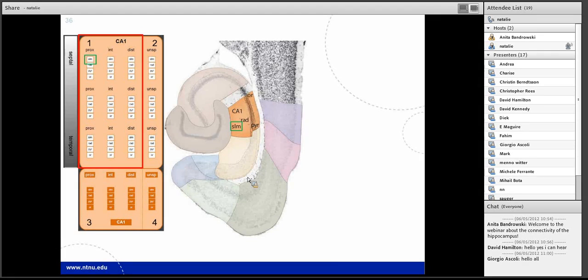The limitation of the approach is that we cannot tell if each of the originating layers projects to all the target layers or only to a subset. For example, does layer 2 project to layers 1, 2, 3 and 5? Or could it be that it only projects to layer 1?